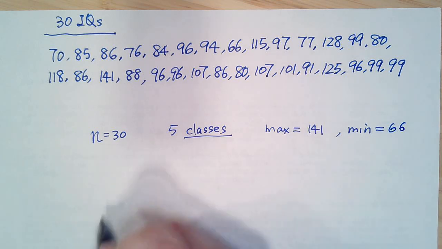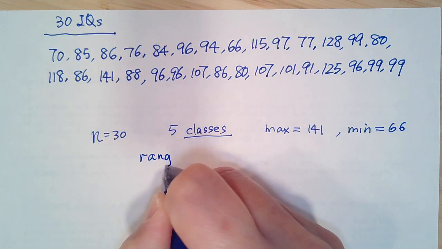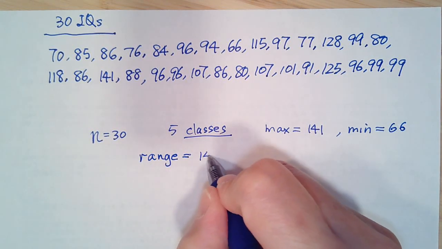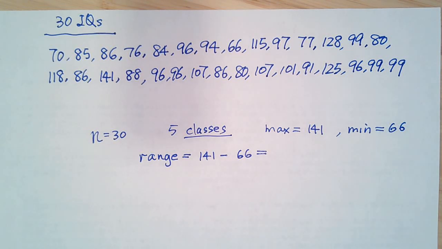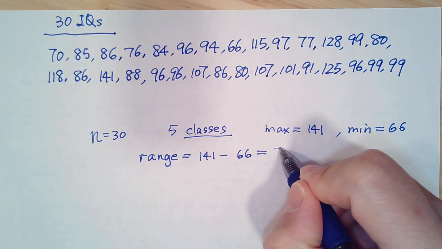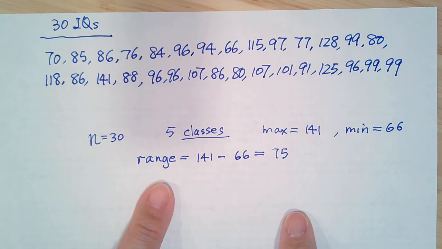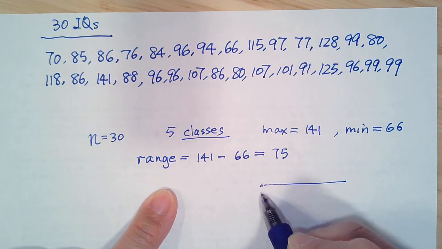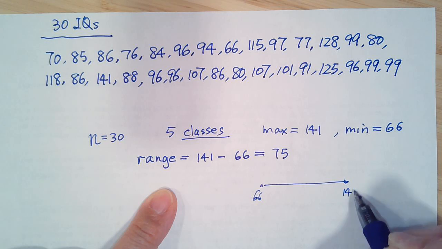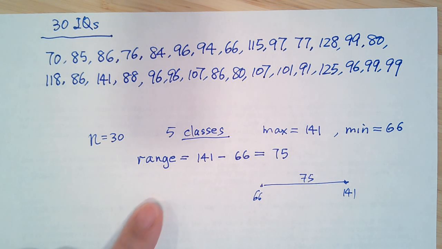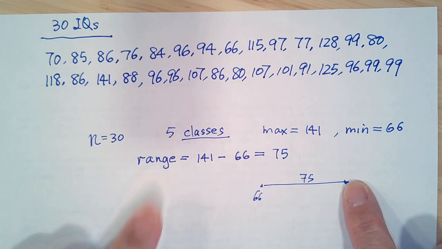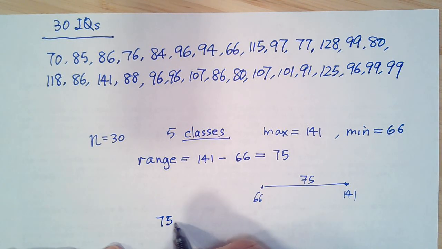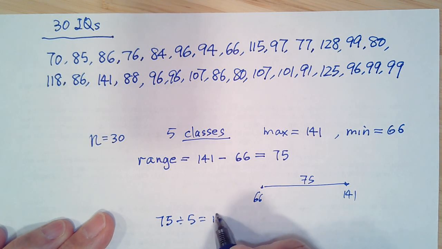Therefore my range equals 141 minus the minimum 66. That's how I calculate the range. The range is 75, from 66 all the way to 141. If I want to break this 75 into 5 classes equally, you do 75 divided by 5, and then you have 15.